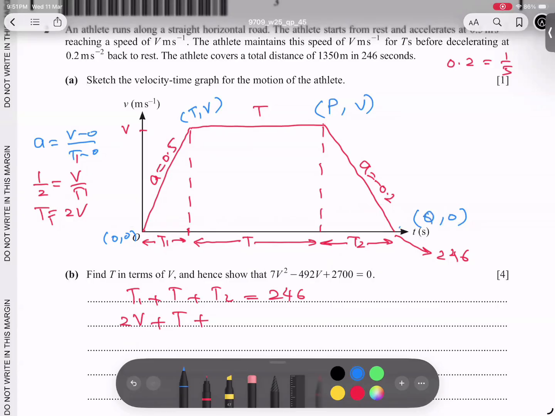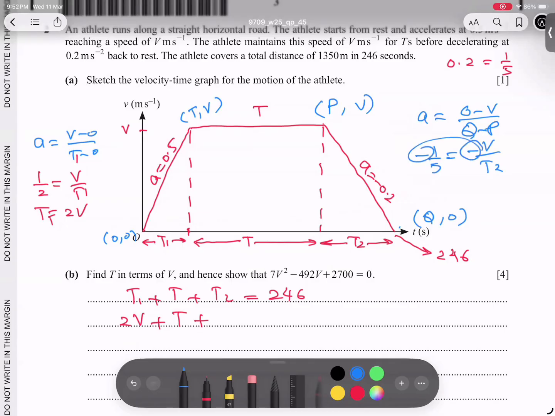And what is our formula of gradient? Y2 minus Y1, so 0 minus V over x2 minus x1, so Q minus P. Q minus P means this difference, and this difference is basically T2. So I'm writing here T2. So minus V over T2, and this deceleration is negative 1 over 5.